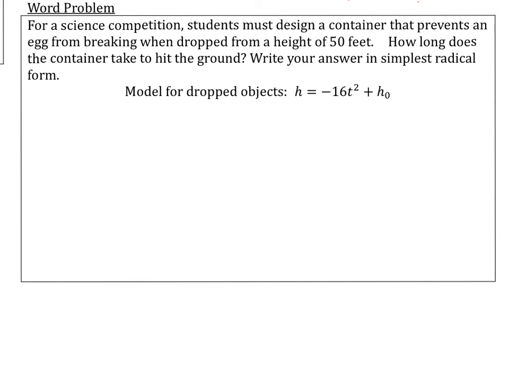Word problem. For a science competition, students must design a container that prevents an egg from breaking when dropped from a height of 50 feet. How long does the container take to hit the ground? Write your answer in simplest radical form. The model for dropped objects is h equals negative 16t squared plus the initial height.